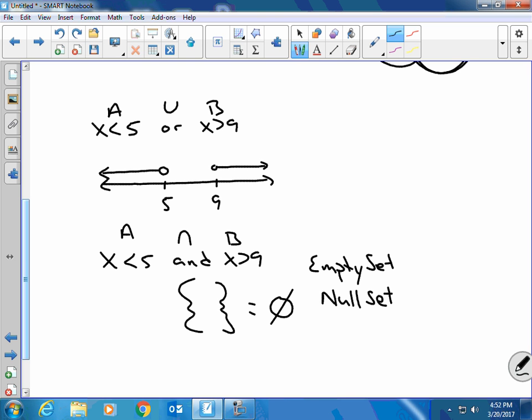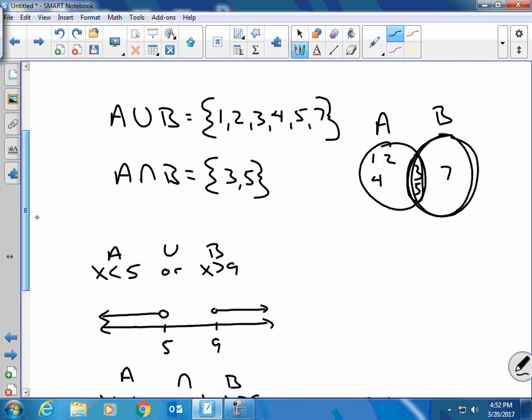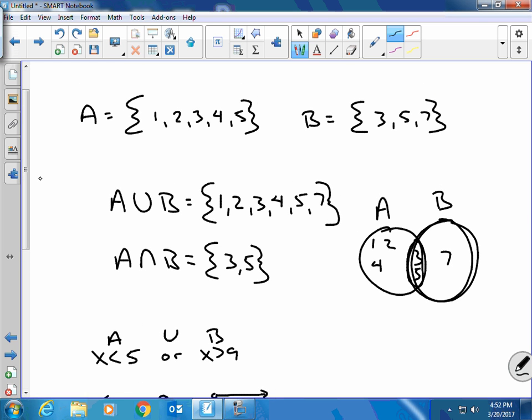Empty set or the null set is a subset of every set. Okay? Here's an example. What if I go back to the sets I had before?